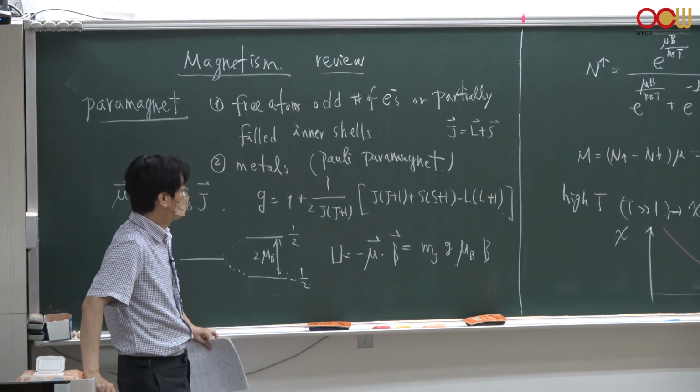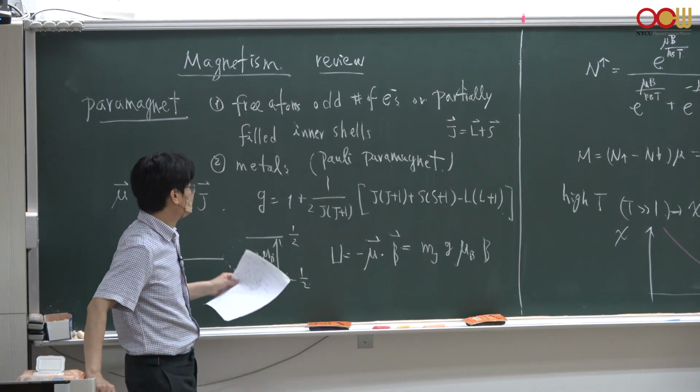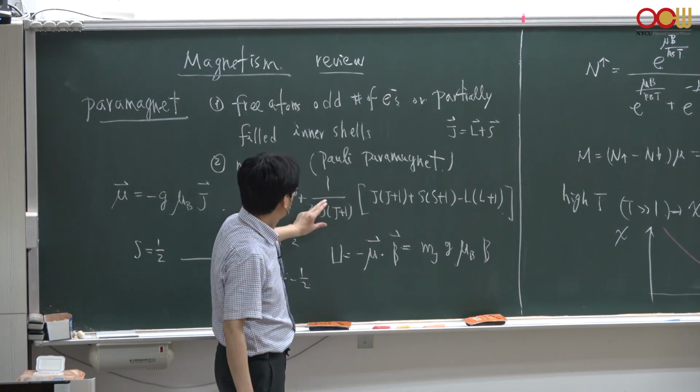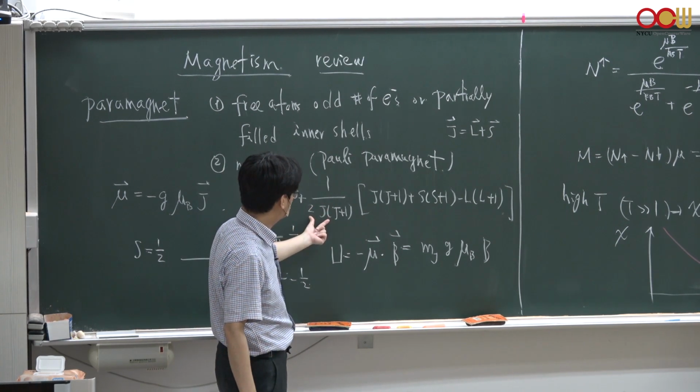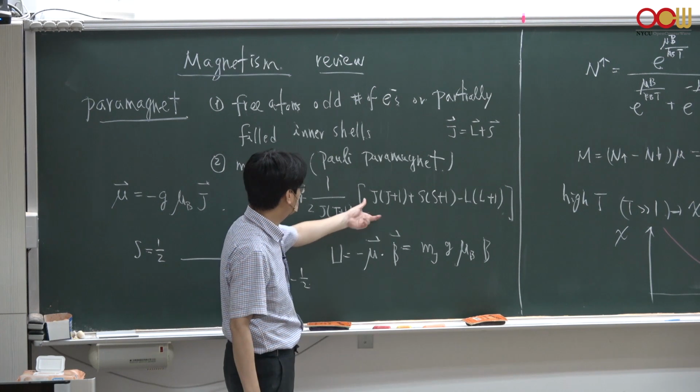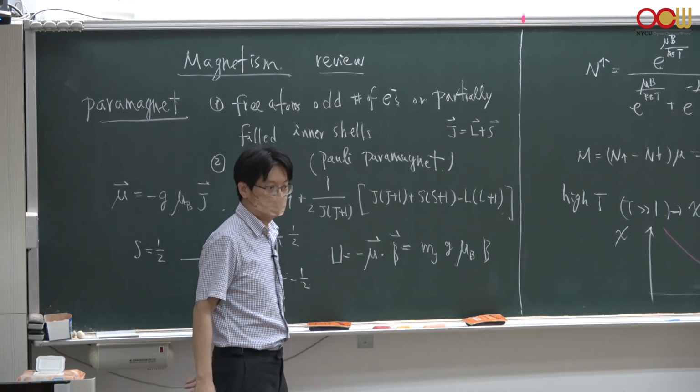Everybody knows that. And the g factor is simply 1 plus 1 over 2 times J times J plus 1 and times this bracket stuff.